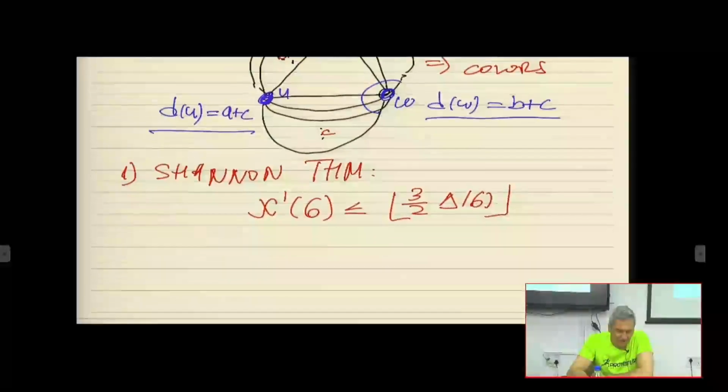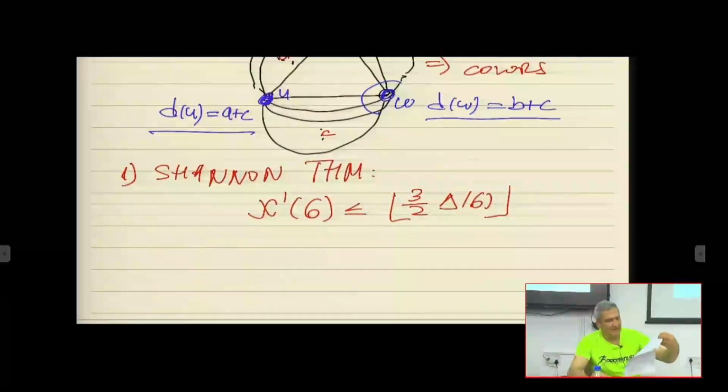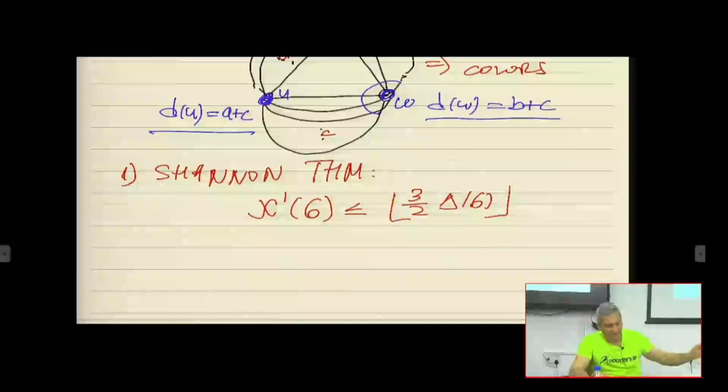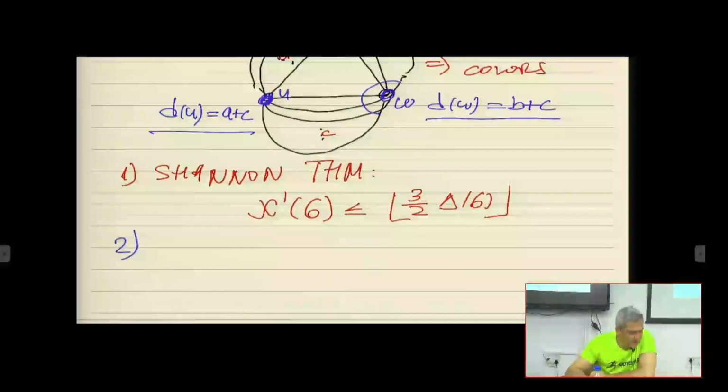Yes. Okay. This is the Shannon theorem, and there is another theorem, the Vizing theorem for multigraphs. He's also some Gupta. It must be an Indian guy. Yes, Gupta is Indian. Vizing-Gupta, yes. Are you happy?